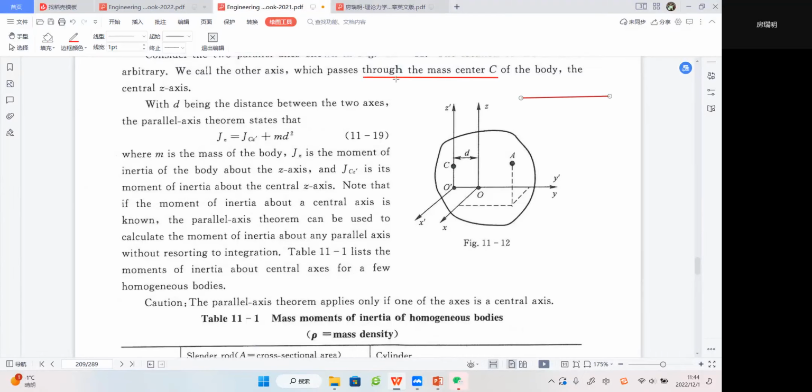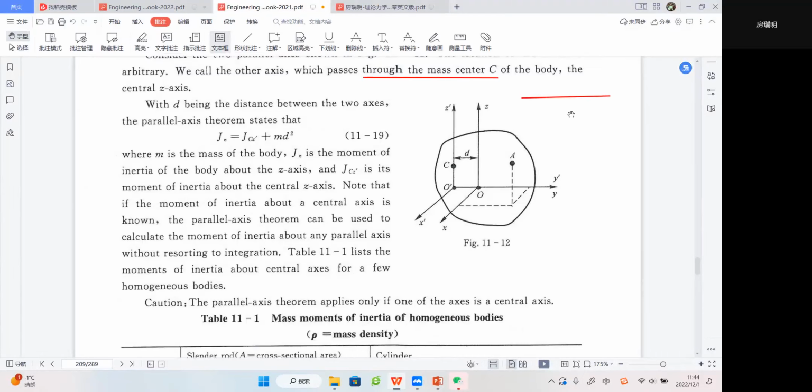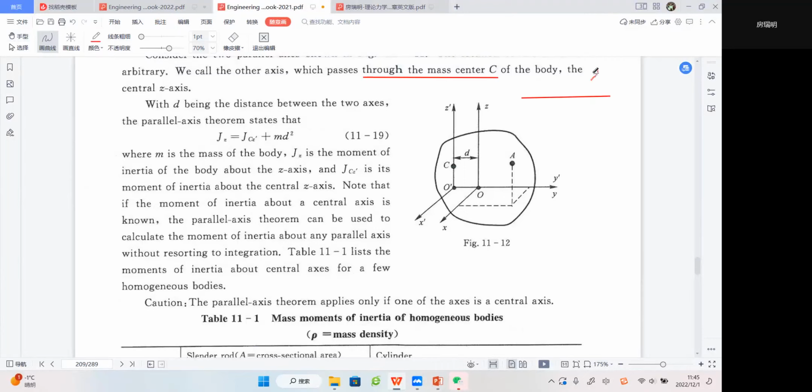Take a homogeneous long thin bar. Let's say it has length L and its mass is M. Its center of mass C is at the half length location.